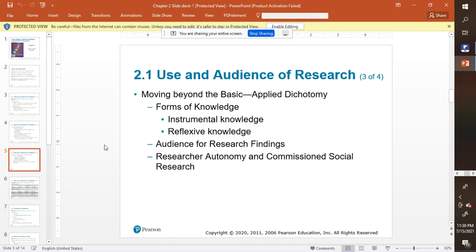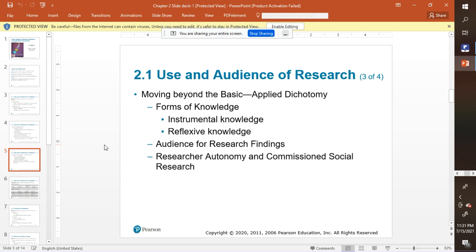This is trying to contrast from the existing research that has already been carried out, and it could be in forms of knowledge, audience for research findings, or research autonomy and commercial social research. Looking at the forms of knowledge, we have instrumental knowledge and we have reflexive knowledge.